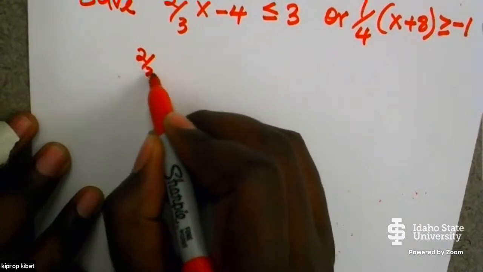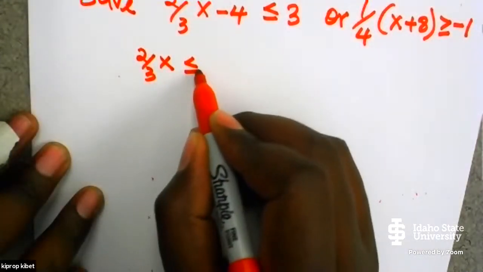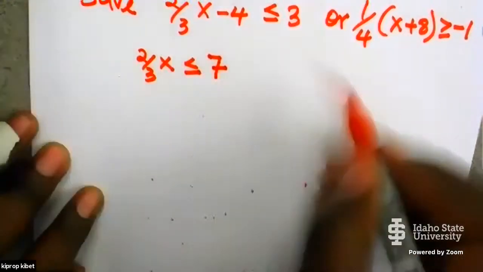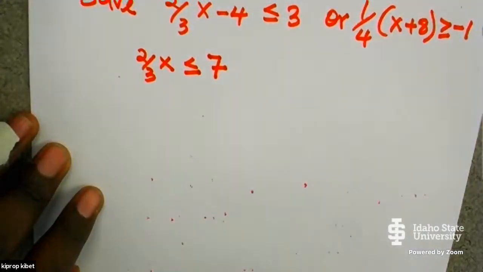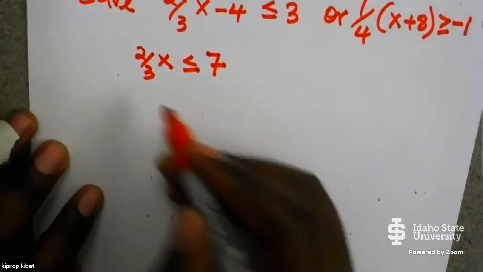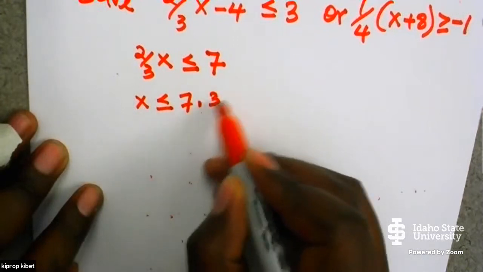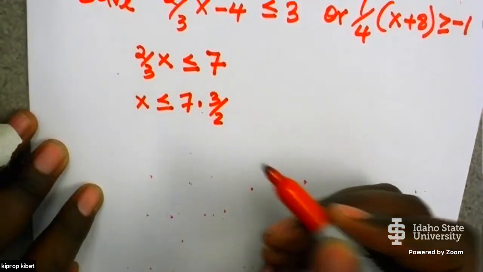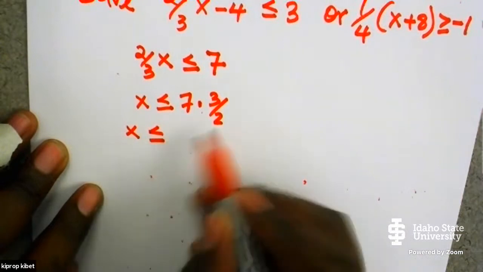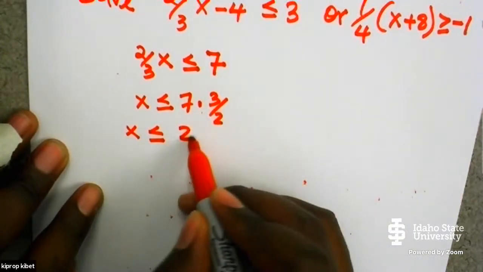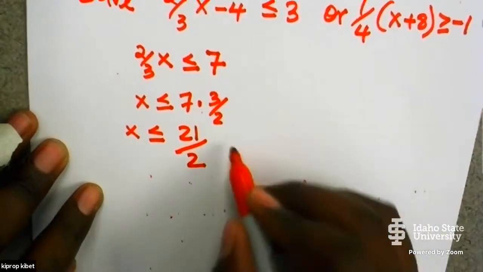So 2 over 3 x less than or equal to what? 7, right? And then we multiply by 3 over 2, so x less than or equal to 7 times 3 all over 2. So x less than or equal to 21 over 2.